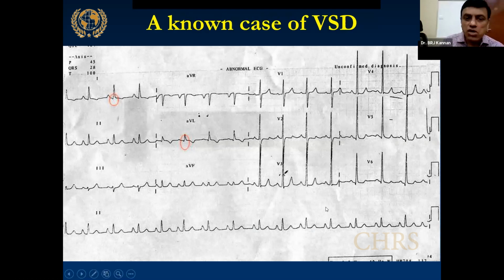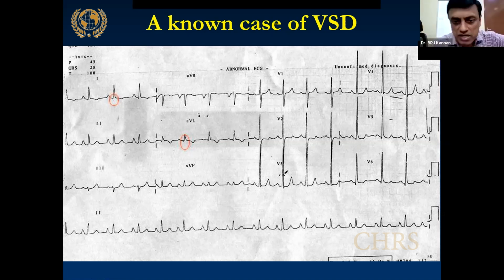So in a case with large VSD, if you see a small Q in 1 and AVF, suggesting you have a counterclockwise loop, you should seriously suspect there is inlet extension of the perimembranous VSD or muscular VSD or whatever you are talking about. So if you have not done that, after seeing the ECG, please go back and look at the echo again. You might find that there could be some inlet extension. So this is the usefulness of finding Q waves in 1 and AVL.